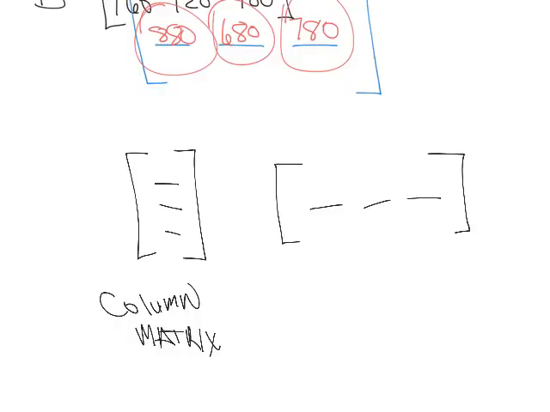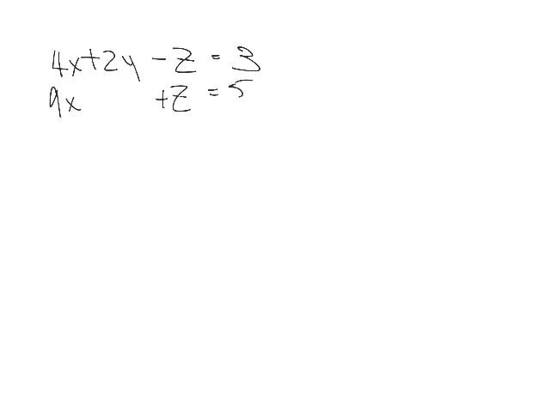Matrix equations, bottom of page 477. All right, this is pretty easy stuff. Let's say that I have 4x plus 2y minus z equals 3. 9x plus z equals 5. 4x plus 5y minus 2z equals 1.